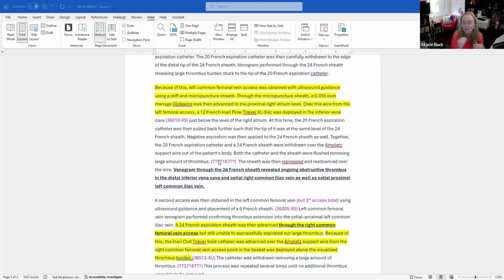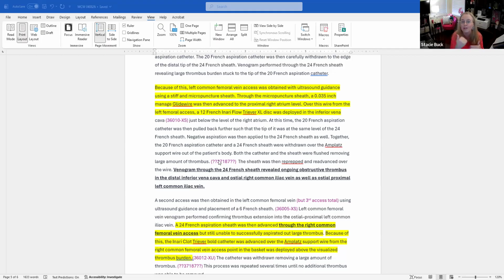So you'll see where it says both the catheter and the sheath were flushed, removing a large amount of thrombus. This is from the IVC. And then it says venogram through the 24 French sheath revealed ongoing obstructive thrombus in the distal inferior vena cava and ostial right common iliac vein, as well as ostial proximal left common iliac vein.